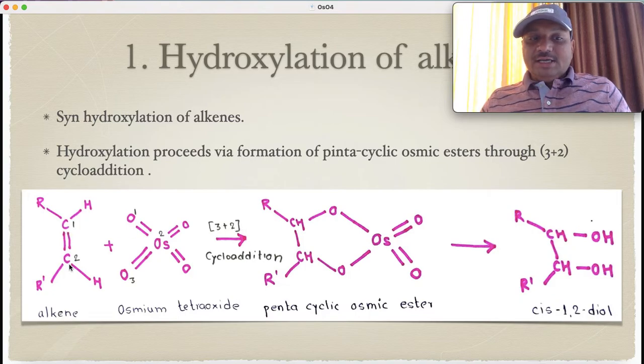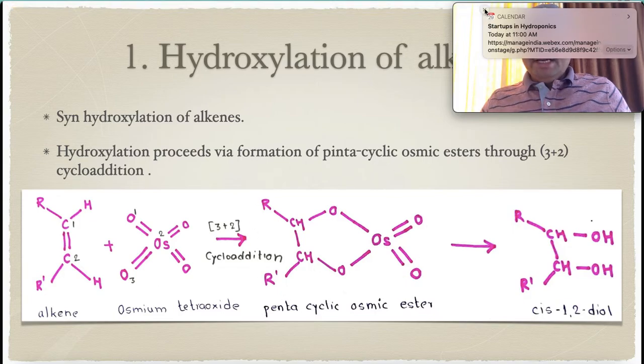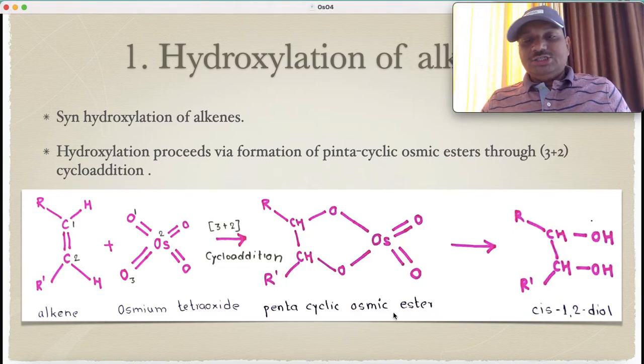When we treat the alkene with osmium tetroxide, this double bond goes here and forms a single bond between the oxygen and carbon number 1. Then the other double bond in the alkene goes here and forms a bond between the carbon and the oxygen. It leads to the formation of the pentacyclic osmic ester.